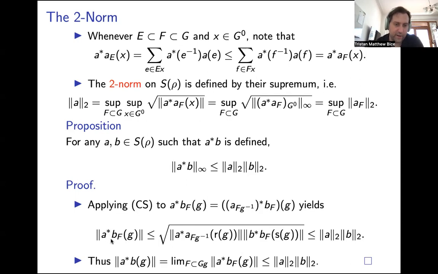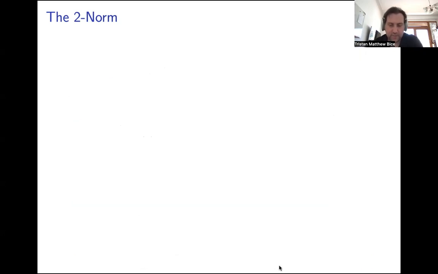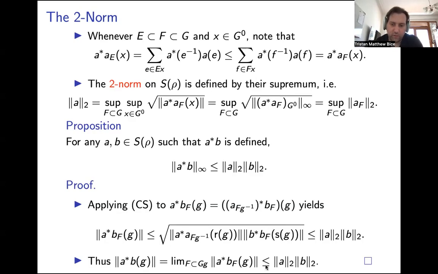It's the limit of all the finite partial sums, which is exactly what you get when you multiply A star by B restricted to F, some finite F. So if this is true for all F, that means the norm of A star B at g, which is equal to the limit of this, has to be below the two norm of A times the two norm of B. And as this is true for all g, that indeed means that the infinity norm of A star B has to be below exactly the same quantity.